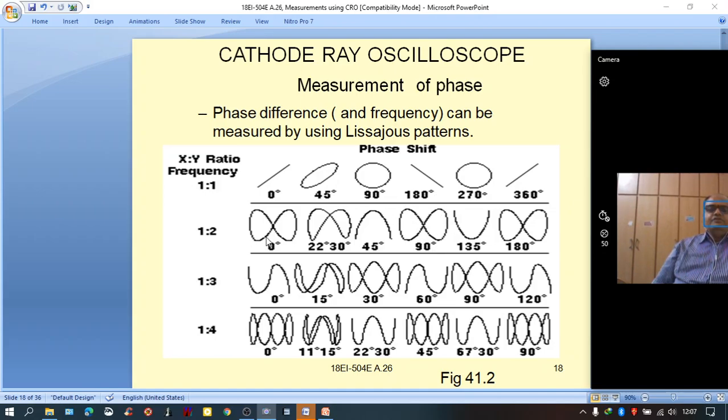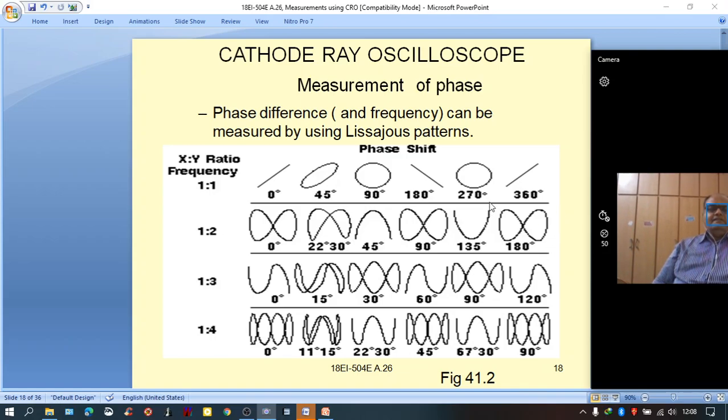In one case, suppose if you assume clockwise, in the other case it would be anti-clockwise. Then here for 180 degrees, you are getting a Lissajous pattern like this. So looking into the patterns, we can tell what is the phase difference between the signals.